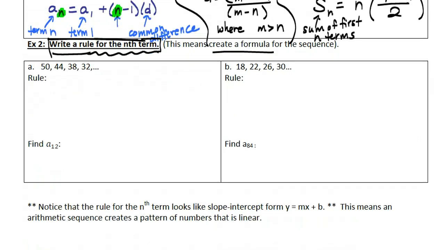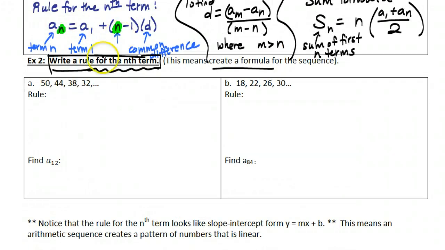Alright, anyways, if you look at my formula up here, I need to know A1 and I need to know D in order to figure out my rule. So here's what we'll do. If I look at my sequence, A1 is 50, that's the first term. And D is, well, if it's written out like this, you can just find D in your head, really.